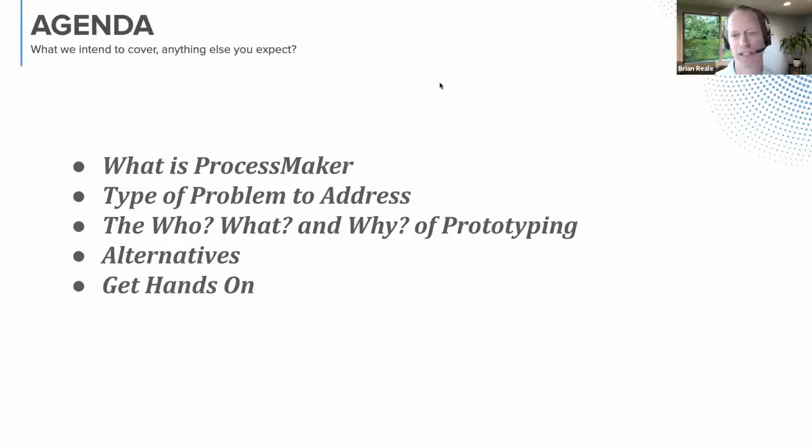It's going to be basically the same. Then we're going to go into the who, what, and why of prototyping. I'll talk about some of the alternatives that are out there, other tools you could use. And then I'm going to hand it over to Giovanni, and we're going to get hands-on and actually do some prototyping. So I'll probably take about 10, 15 minutes here to kind of lay out the problem for you.